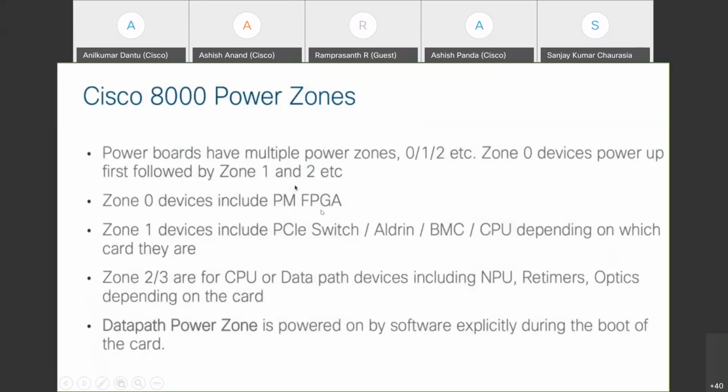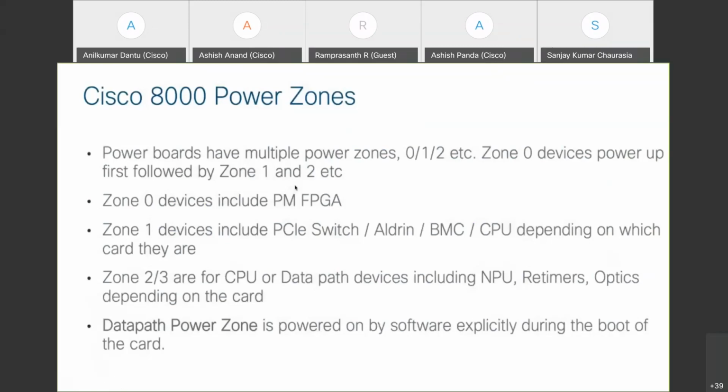The FPGA components of the card will boot up. After that, your PCI switch, your BMC, then the CPU on the card, as well as the EOBC and those components will boot up. After they have booted up successfully, zone 2 or 3, as we can call it, will be the NPU. The NPU is part of the last power zone. So that's how it is segregated.